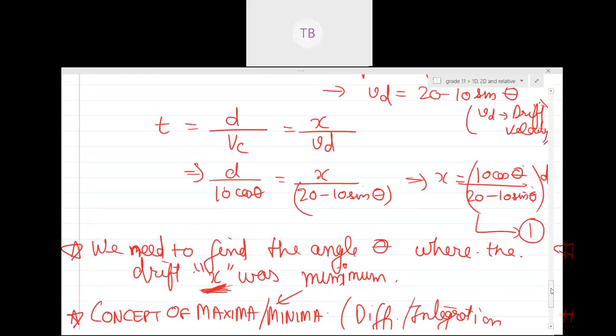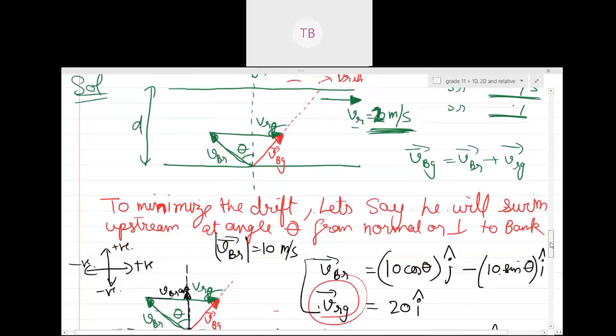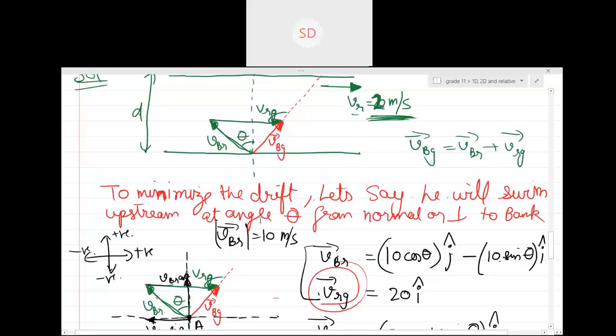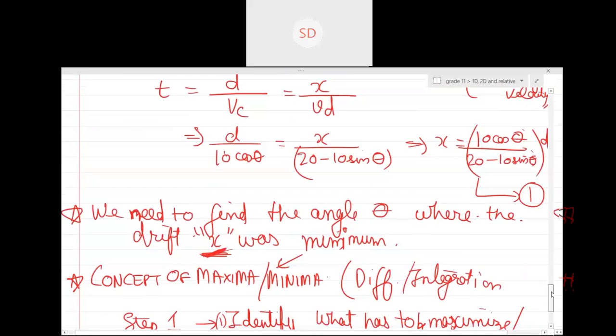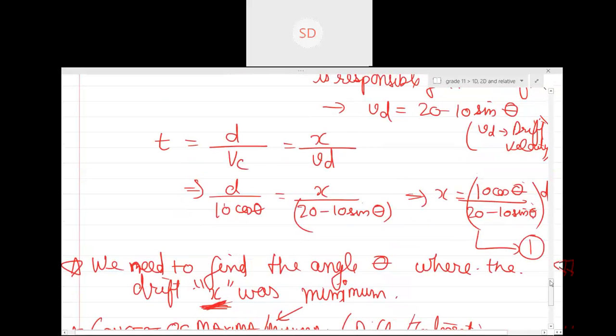So basically, when you change the value of theta, will your x also change? Yes or no? Can you see, this theta was a variable we assumed at the beginning of the question. So let's say at an angle theta. We don't know what is theta. Ayana?